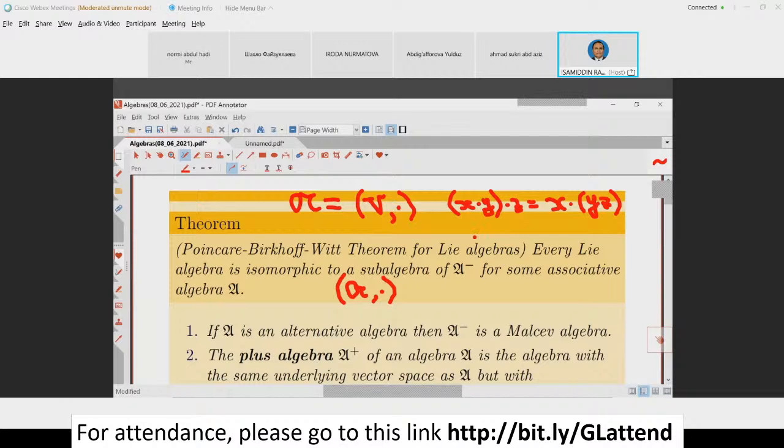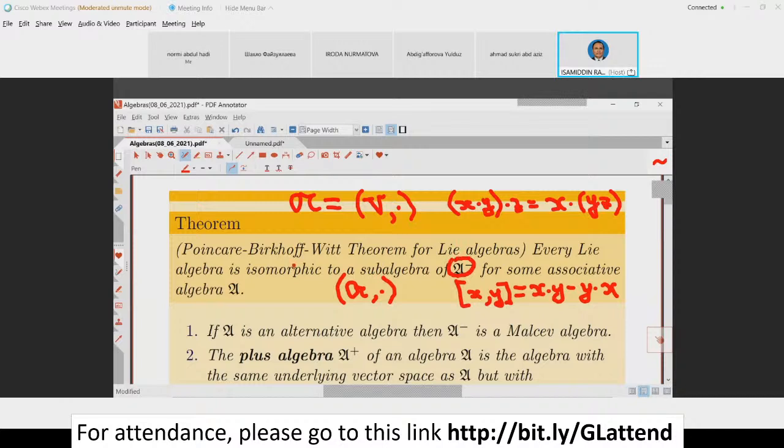Then, if we denote [x, y], the above function, as x dot y minus y dot x, the resulting algebra will be the minus algebra for this associative algebra.